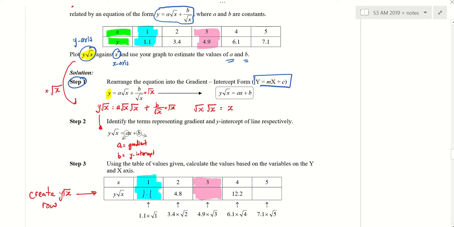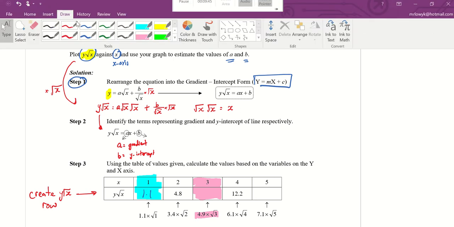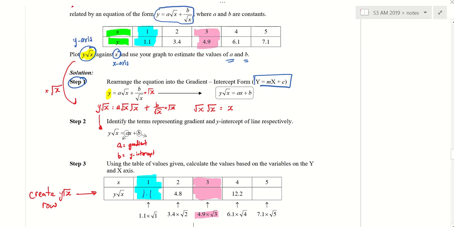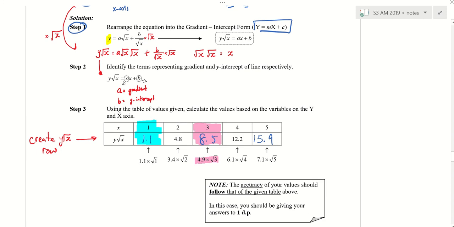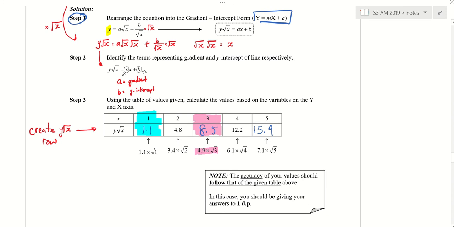Do you know how I get 4.9 times square root 3? All clear. Okay, good. Then what is the answer? 8.5. Last one, 15.9. So once I have this, done. I can draw my graph. Clear? Good.